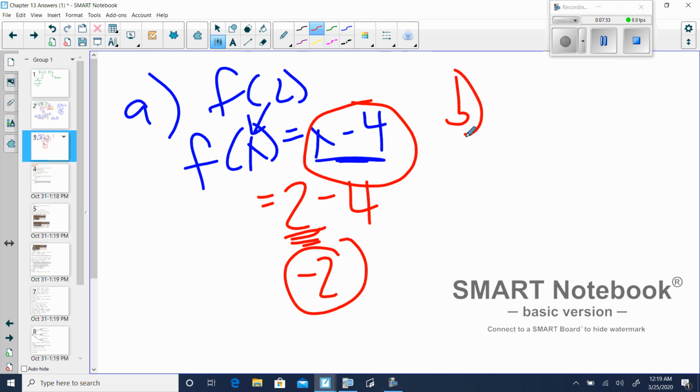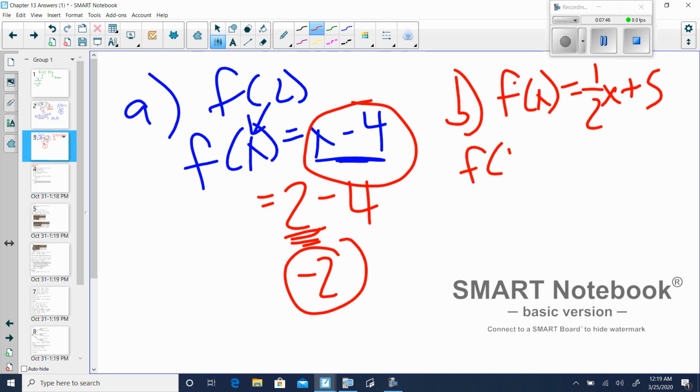All right, for B, they want us to find the value of this function, f of x equals 1/2 x plus 5, when x is 11. All right, so what we do is we substitute that in. So f of 11 means that wherever we have an x in our original function, we substitute an 11 in for that.